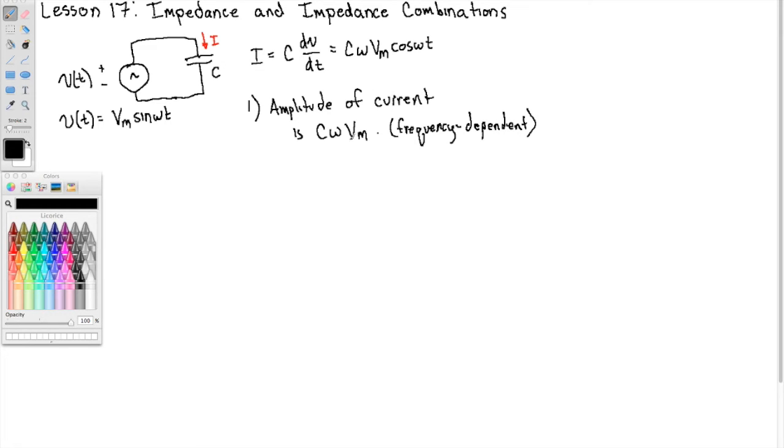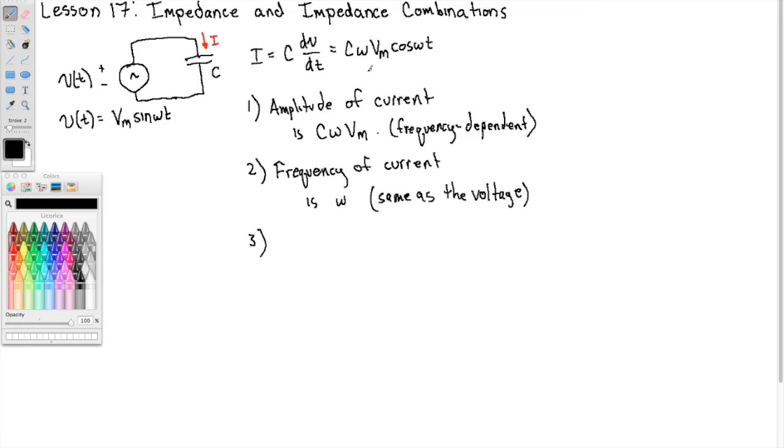So we can get more current by just changing the frequency, raising the frequency. 2, the frequency of the current sinusoid remains unchanged at omega. So we'll write the same as the voltage.